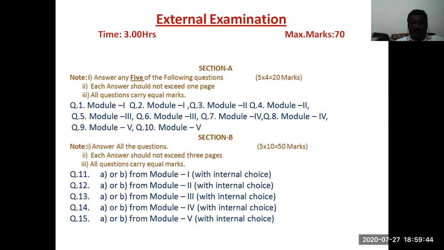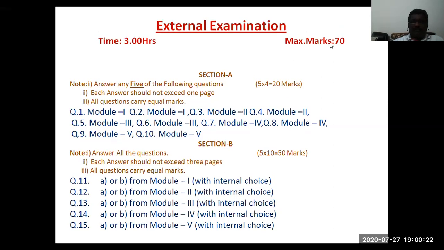40% of the marks are compulsorily to be obtained by the students. If a student does not obtain 40% marks, 40% means 70 into 40, that is 7 4s are 28, and 28 marks are compulsorily to be obtained by the students.